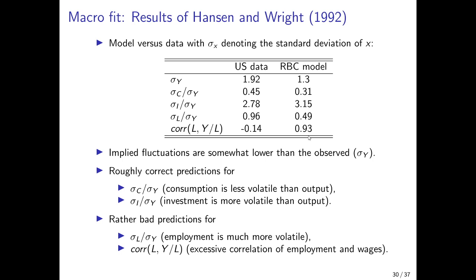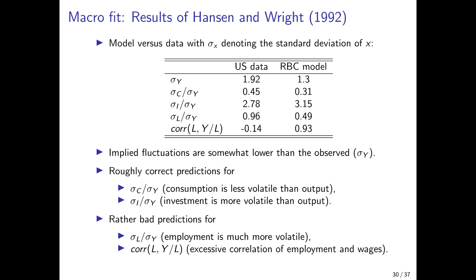And then we have a correlation between employment and per capita output that is close to 0 in the data. If at all, it's slightly negative, but the real business cycle model actually predicts a very high positive correlation between employment and output, and this cannot be seen in the data to the same extent.